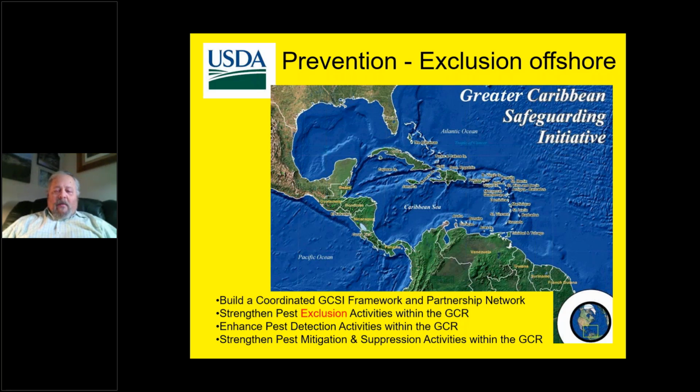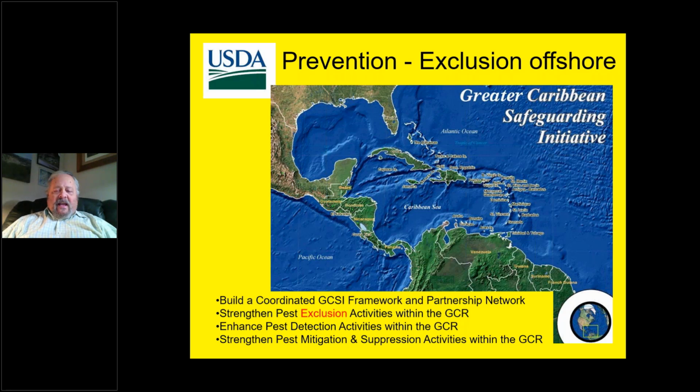And essentially in the Caribbean region and other places, one of the big concerns are fruit flies, true fruit flies, like Caribbean fruit fly. Think medfly as an example, same kind of thing almost. And in this case, the exclusion took the form of building partnerships and networks throughout that region so that collectively there could be more exclusion work done to prevent things from maybe even getting onto conveyances to get shipped in the first place.